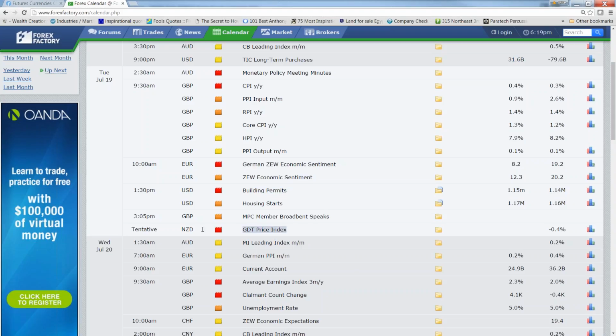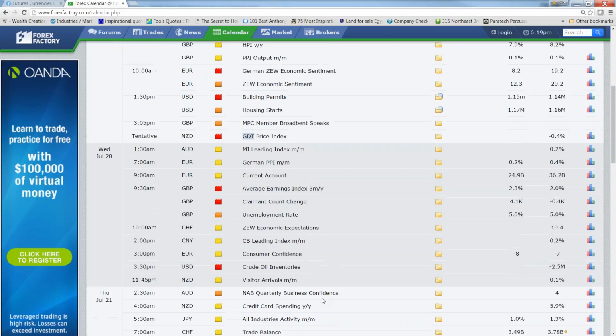The one important number on Tuesday is in New Zealand, which is the global dairy trade prices, and of course if this goes up, then New Zealand goes up. If it comes down, then New Zealand comes down. There have been rumors that China was planning to dump dairy stuff, which she doesn't have.